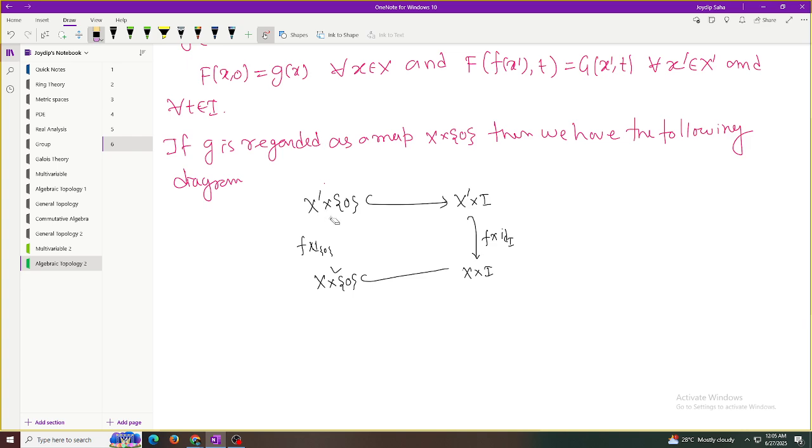I don't write it as inclusion, I just write a normal map. This is not inclusion, so it is a more general property.